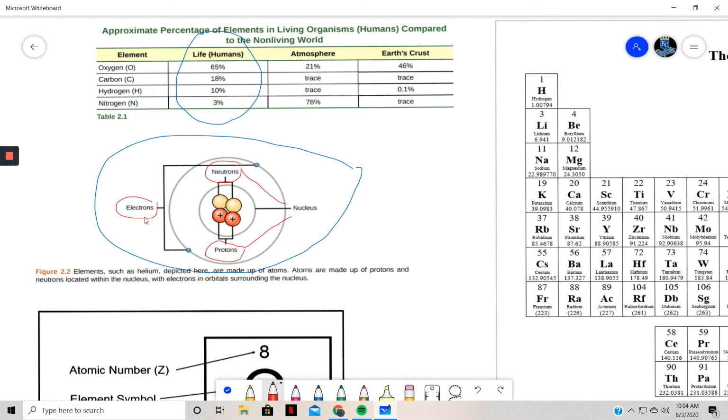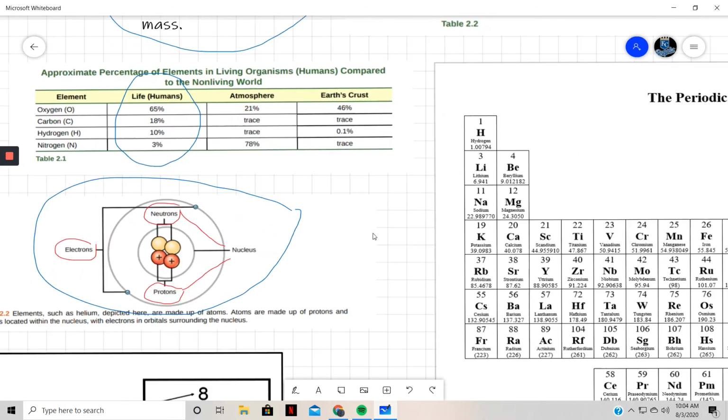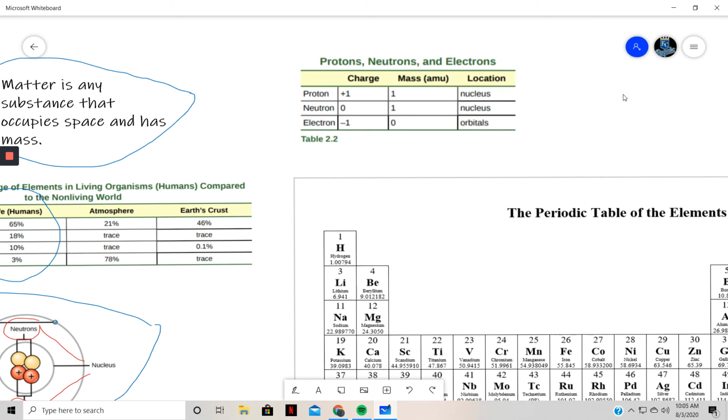Let me close this out because a chart that we need to look at is right up here. Get my pen back up again. Let's go back to blue. So we just talked about these three, and in a chemistry setting, when you see a plus or a minus sign, that refers to its charge.